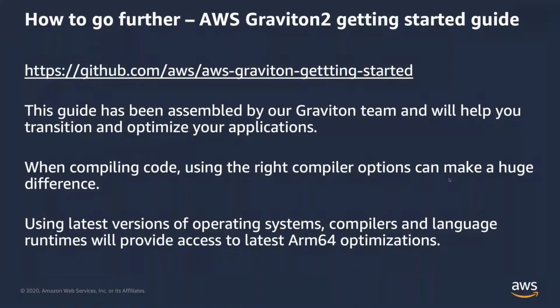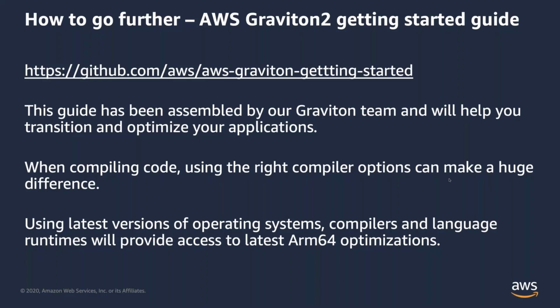How to go further? We've published some documentation with recommendations on how to ensure that your application is as fast and efficient as possible on our Graviton-based instances. That guide is available on GitHub. You will find recommendations on how to compile code using the right compiler options.